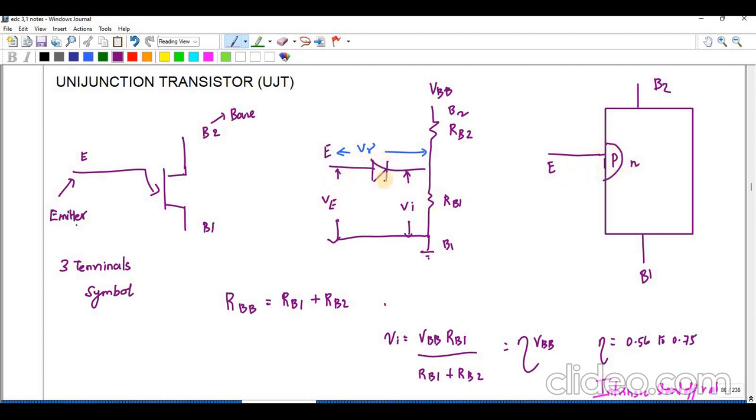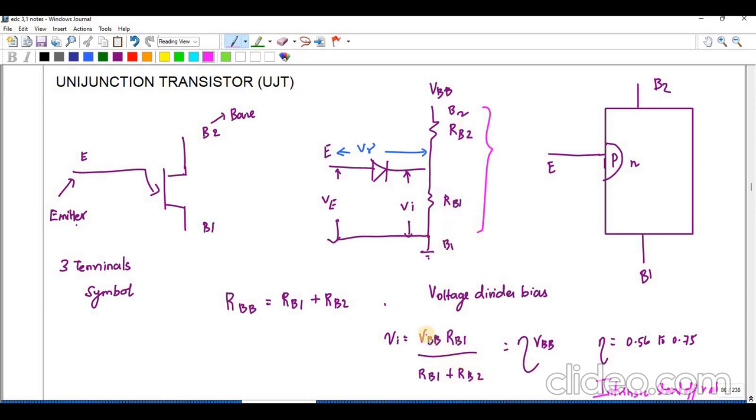I can draw it as a diode, and this area I can draw as a resistance. So this RBB is equal to RB1 plus RB2, and if I apply a voltage divider bias, I will get VA is equal to the total voltage into the resistance across this one, RB1, divided by the total resistance, RB1 plus RB2.